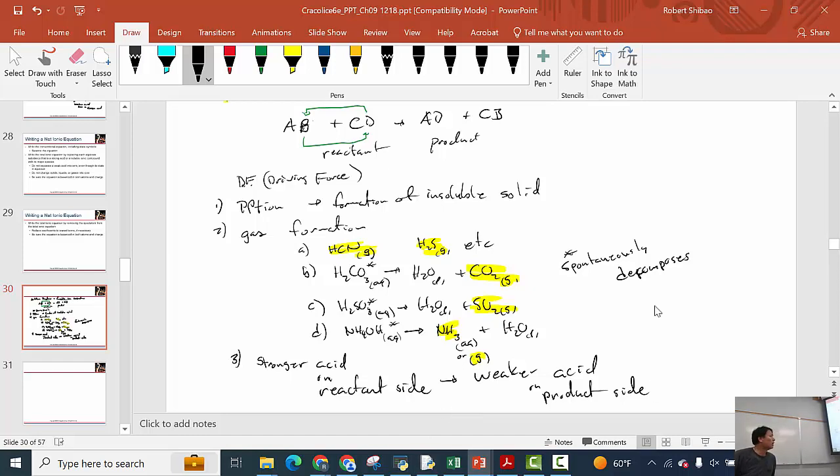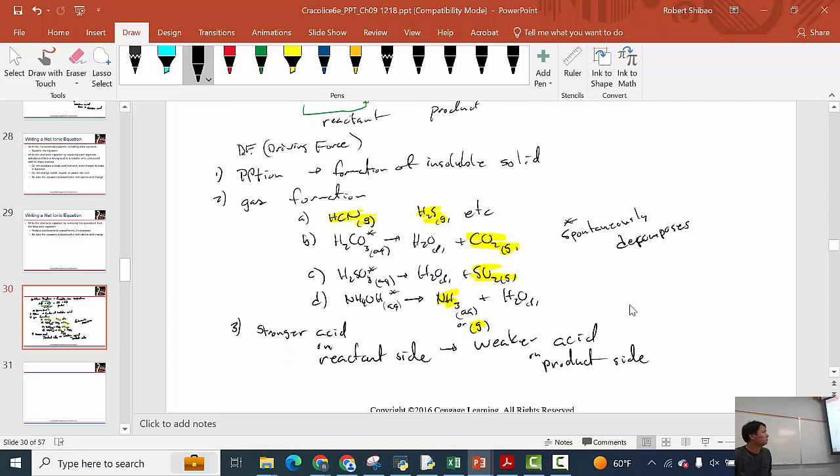Stronger acids are more reactive, less stable. Whereas weaker acids are less reactive, more stable.